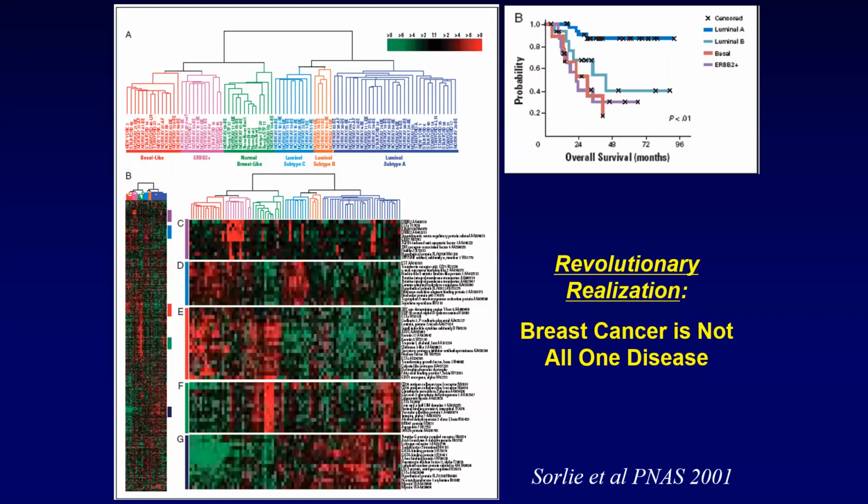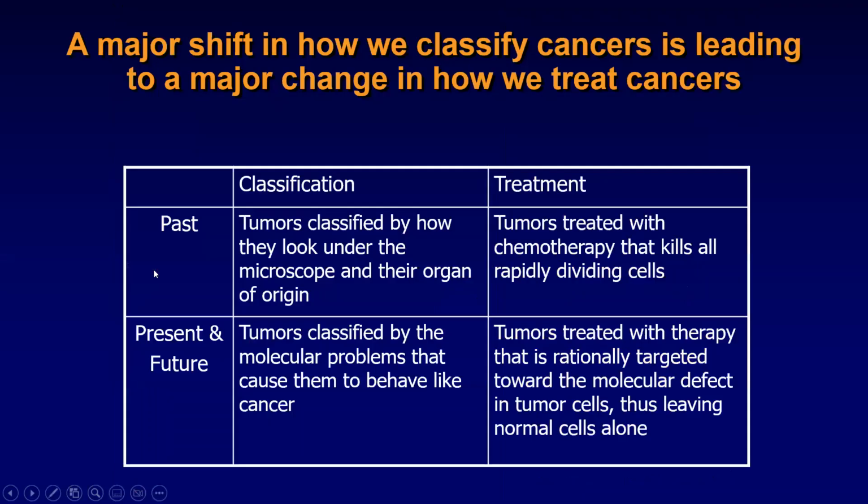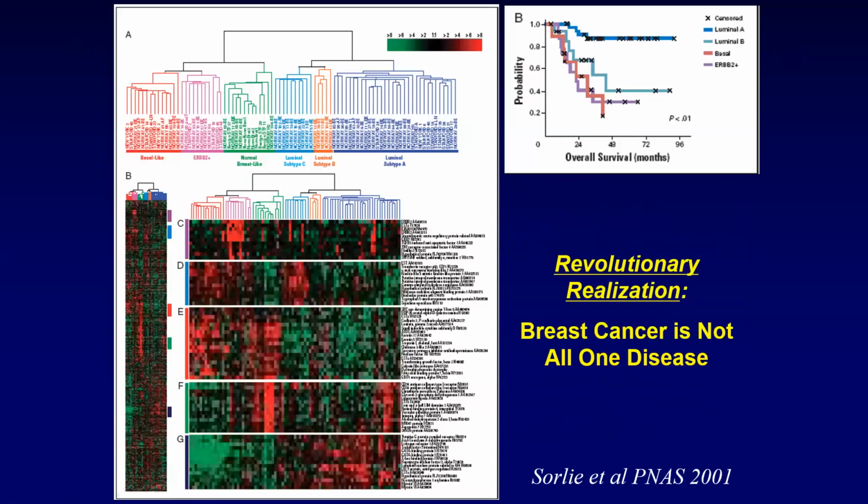So if a gene is overexpressed, then the dot turns red. And if it's less expressed than in normal cells, it's green. Actually, I think I have that opposite. But when you classify tumors based on molecularly what's happening under the hood of the car, you can see that the tumors now classify into different subtypes that now are associated with different prognoses.